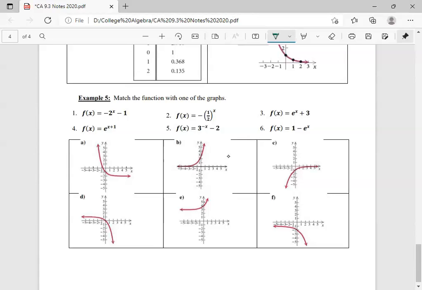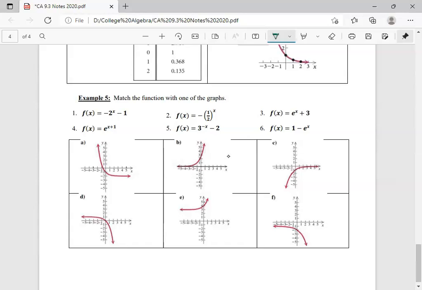Okay, here's what I want you to notice. This 3 should be easy for us to pick out, because this e to the x is just 2.7 something raised to the x power, so exponential growth. And what would the plus 3 do to this? Anybody on chat know what the plus 3 is going to do to our graph?